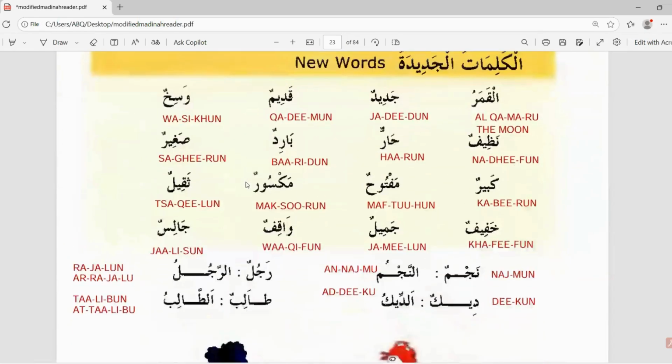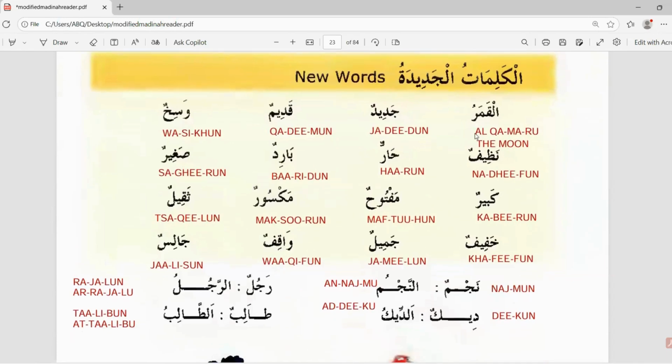So now let's look at some more words. This just says new words. Let's go through them. Al-kamaru, which means the moon. Now I have written the moon here, but just due to shortage of space, I haven't written the English translation for each. But it's more important to understand the transliteration, because this is for those learners who are as of yet unable to read the Arabic, so it will allow you to understand the words and their meanings and how to pronounce them, so that you can learn how to speak the language of Arabic.